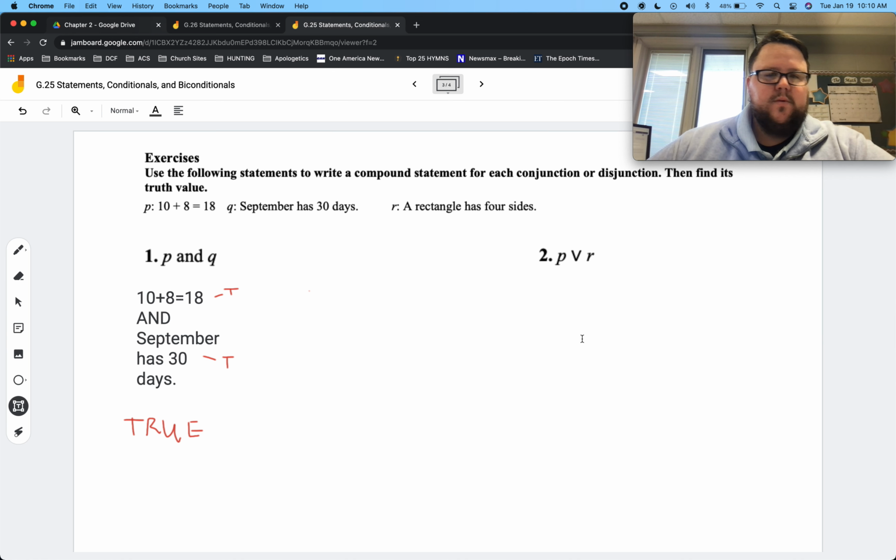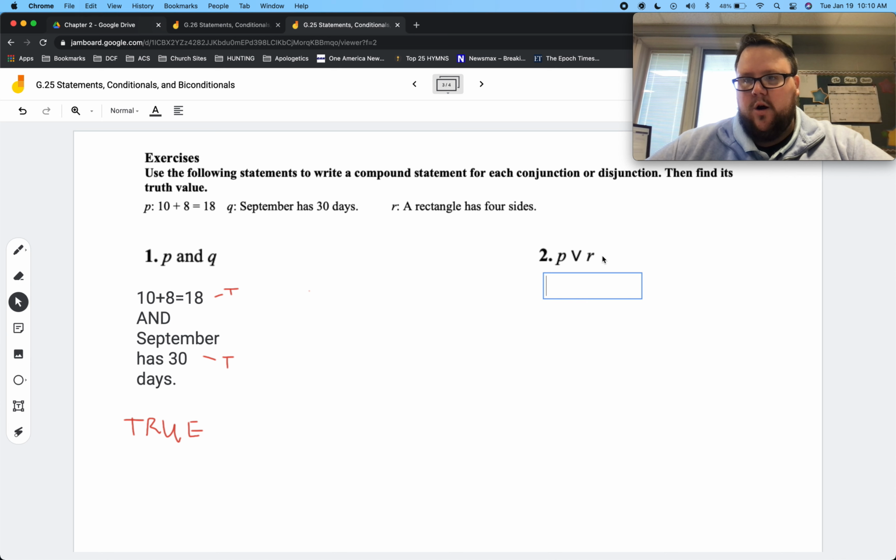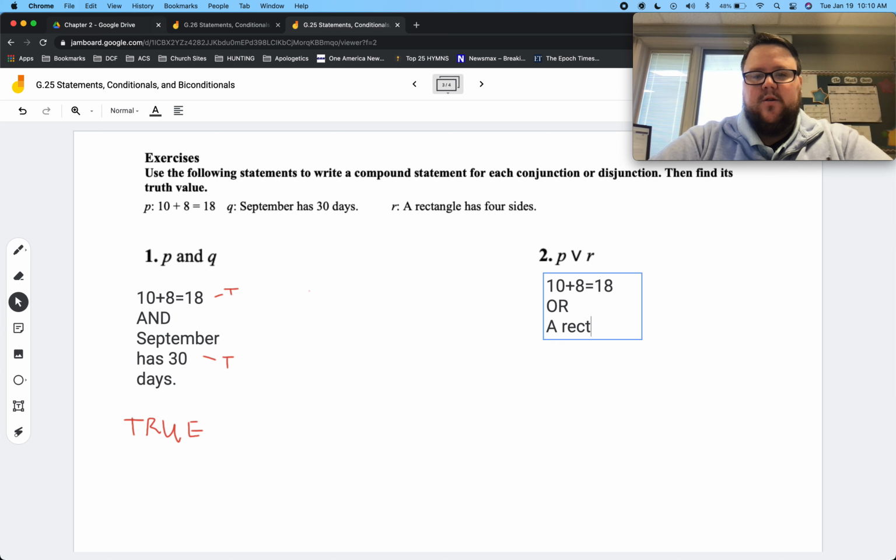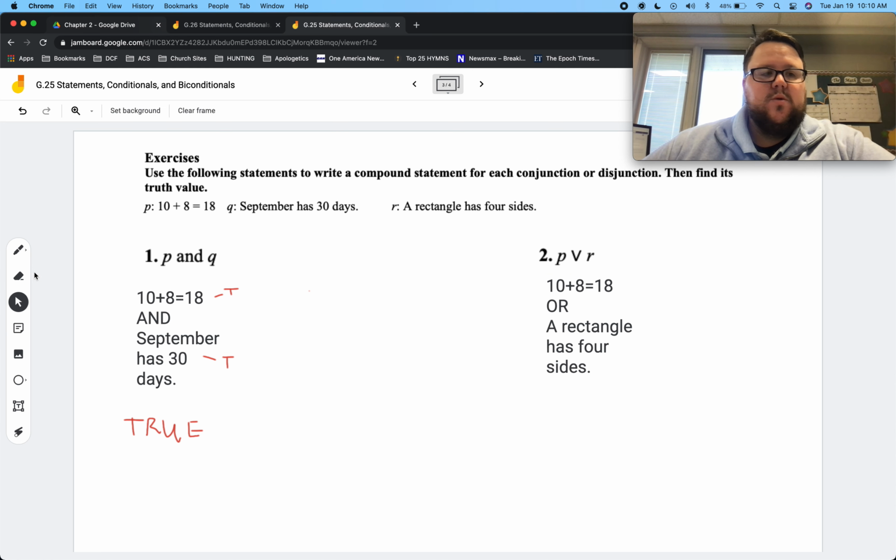Number 2, this says P or R. P or R. So P is 10 plus 8 equals 18, or R, a rectangle has 4 sides. And remember, this is or, so only one of them has to be true.